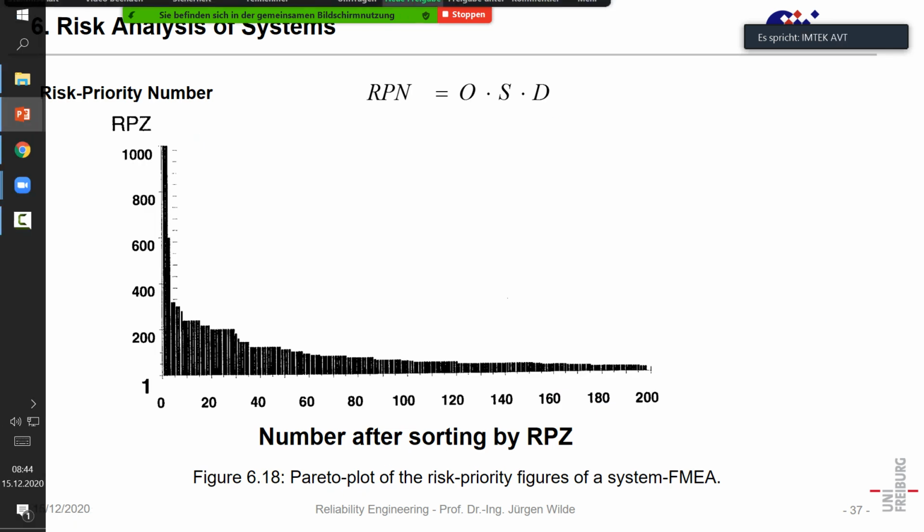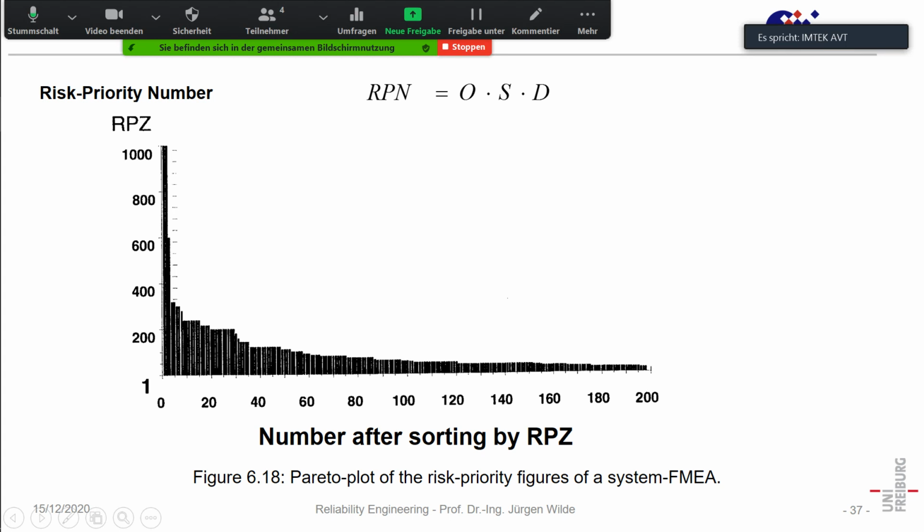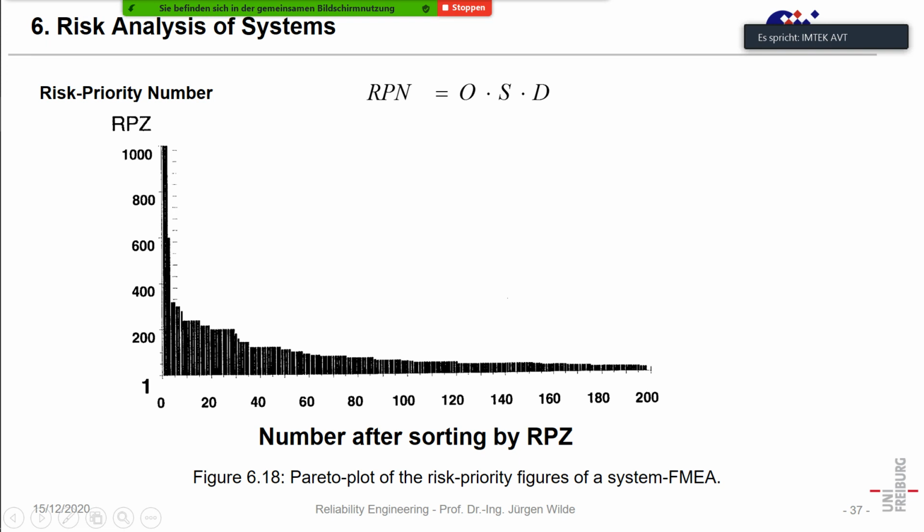Okay, now let's imagine we have all of these risk priority numbers, and then we take risk priority numbers for all system elements, and we just order them, so from largest to smallest, and then we get such a graph, which is a so-called Pareto graph. And then we start thinking about what will we do.